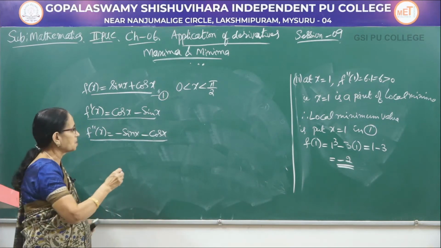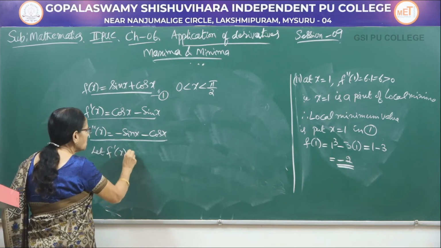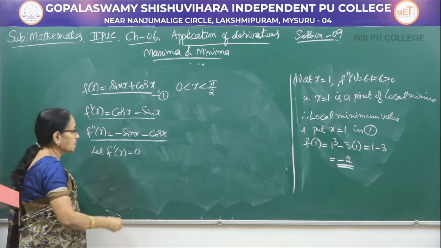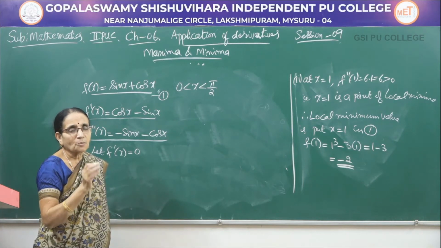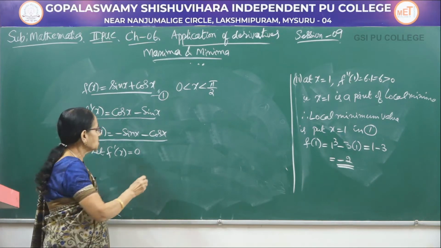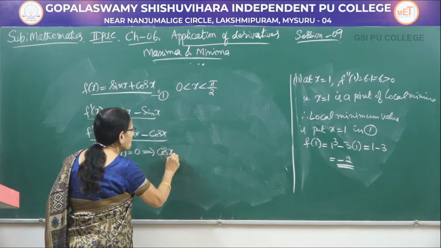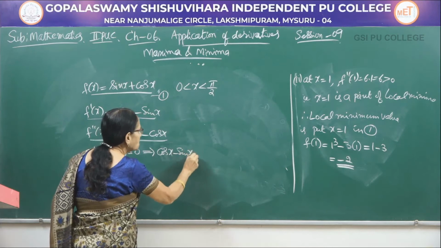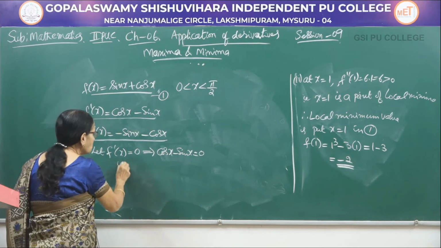Now, to know the critical point, always equate the first derivative to 0. Because you know that either it is a maximum point or a minimum point, the first derivative will always be 0. That implies, what is the derivative here? Cos x minus sin x is equal to 0. That is, we have to get the value here.